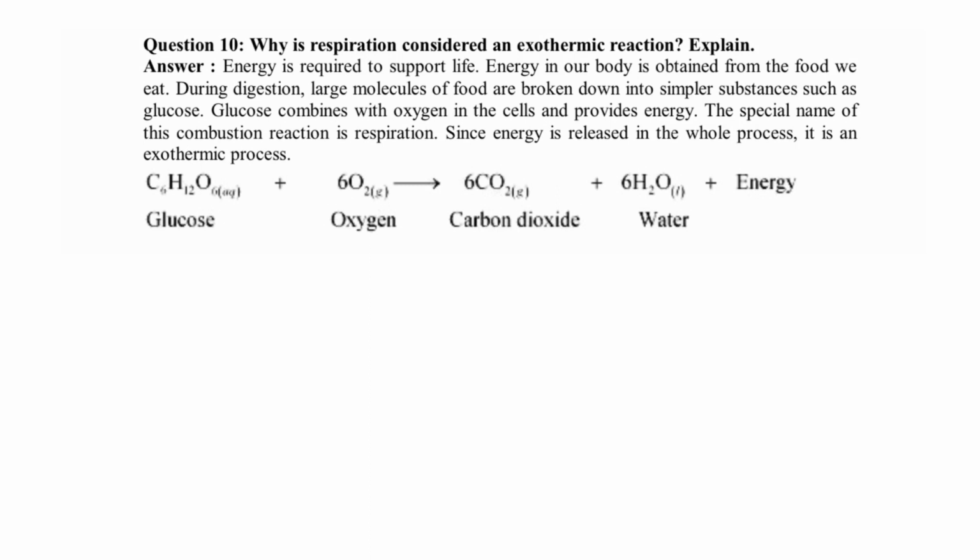Next question. Why is respiration considered an exothermic reaction? First of all, understand respiration and breathing are different. When we breathe, oxygen reaches the lungs and from there it combines with the blood, and through blood it reaches the cells.